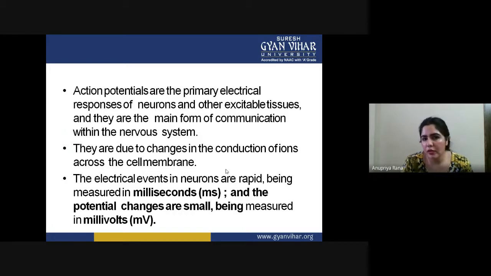They are just the result of any excitement or electrical response, communicating within the nervous system from one cell to another. This whole communication process inside the nervous system is formed through action potential generation and conduction.